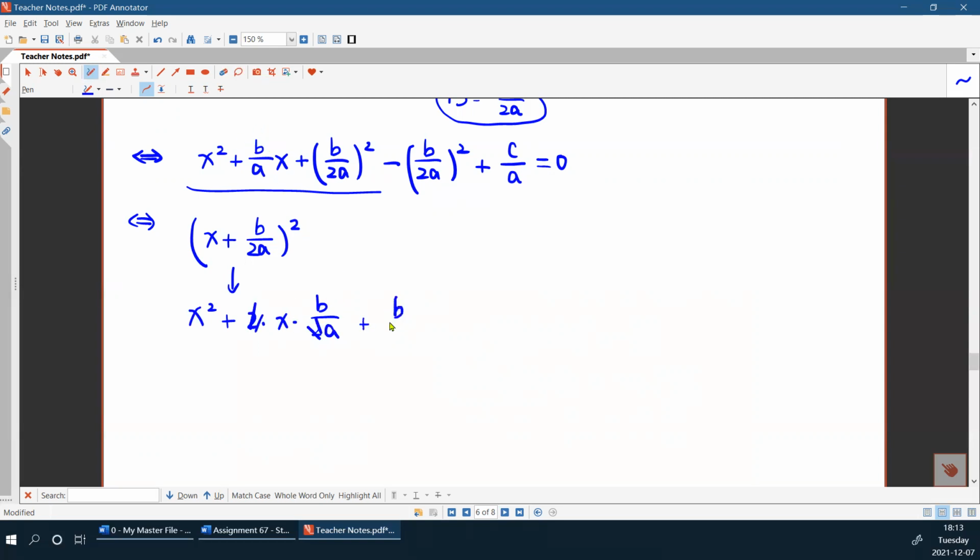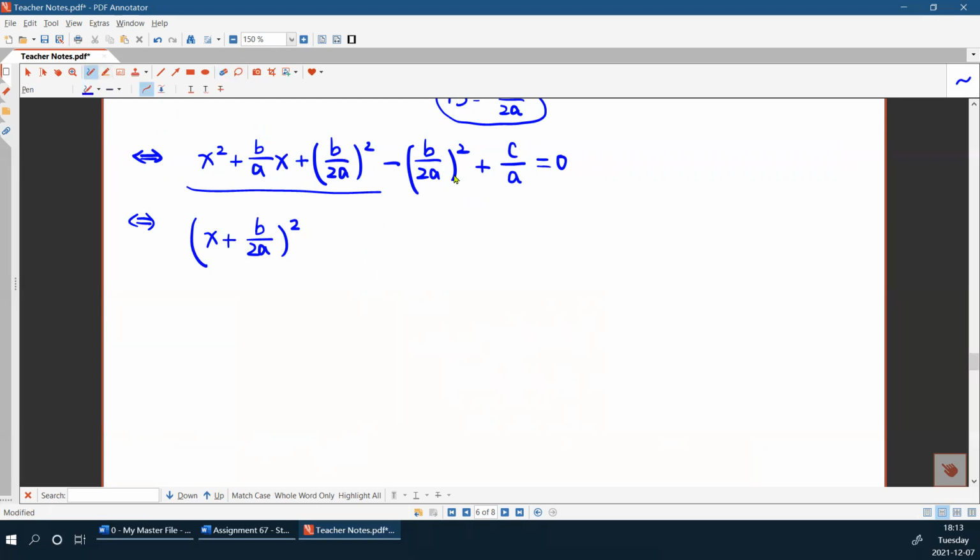And then plus b over 2a squared, which is the last term here. So that means the completing the square method worked here. These are the first three terms.